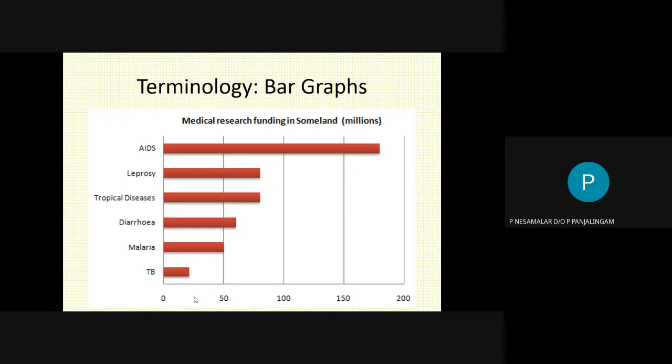So let's say about 25, and it's not just 25, but about $25 million was allocated to research on TB in Sunderland, and this was the lowest amount of money allocated compared to all the diseases.